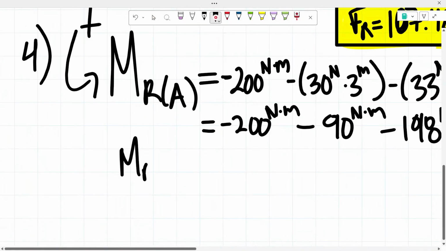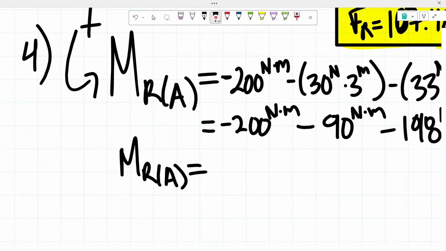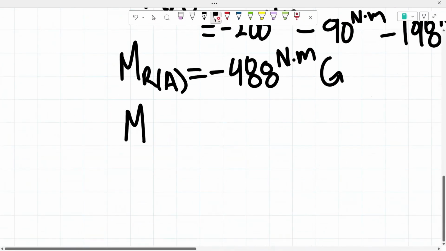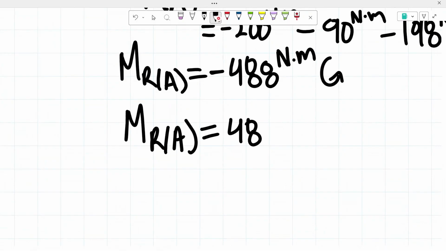So our resultant moment about point A is equal to a negative 488 Newton meters going counterclockwise, meaning that our resultant moment about point A is 488 Newton meters going clockwise.